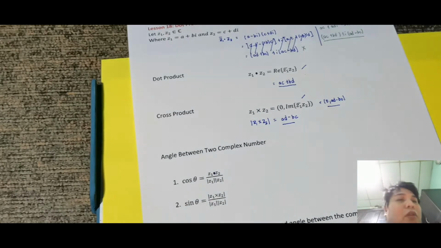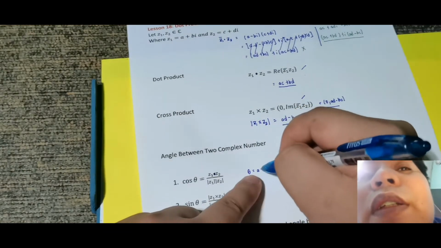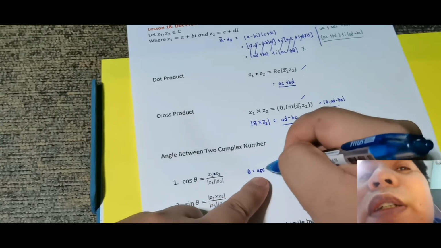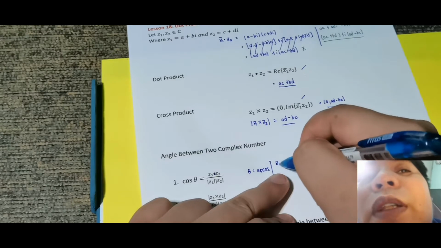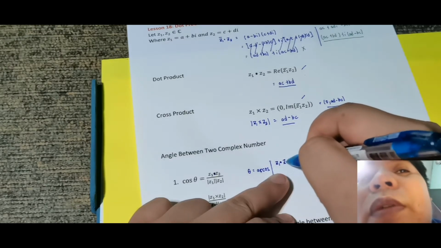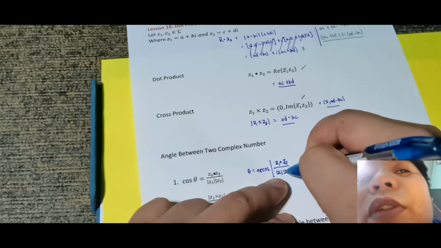Okay, so simply para makuha mo yung angle, ang gagawin mo lang, just press arc cosine. So that is arc cosine ng C sub 1 dot C sub 2 all over modulus ng C sub 1 then modulus ng C sub 2.